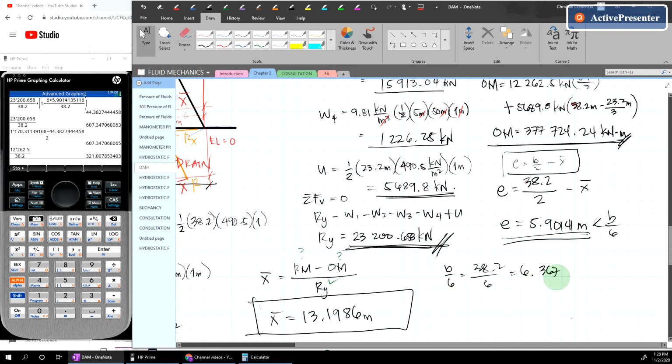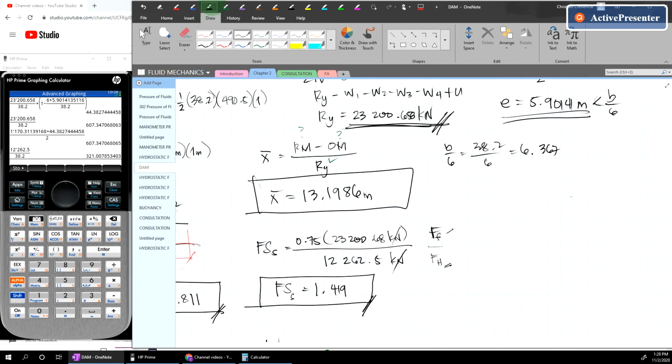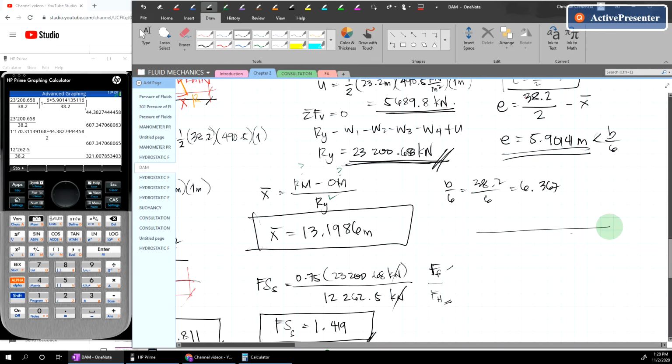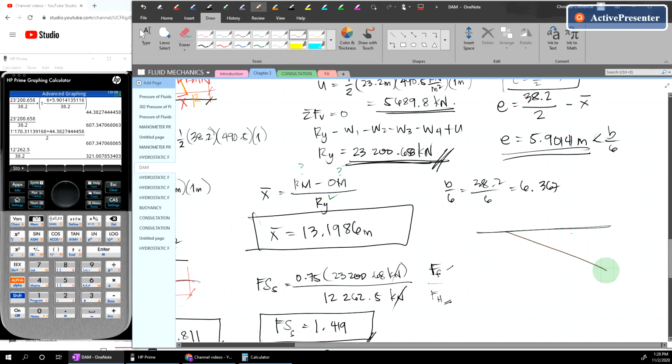So, if yung value ng E exceeds B over 6, so ito, drawing natin yung pressure ng soil, babawa lang naman, no? So, kung ito yung base ng dam, yung soil pressure natin is triangular, pero hindi na yung buong base ng dam yung under compressive stress.